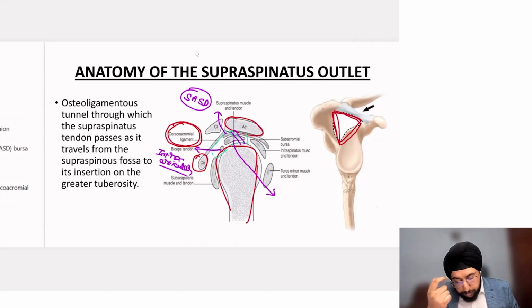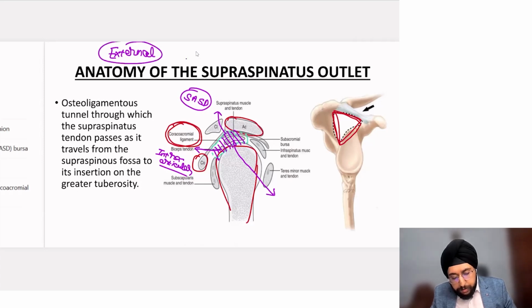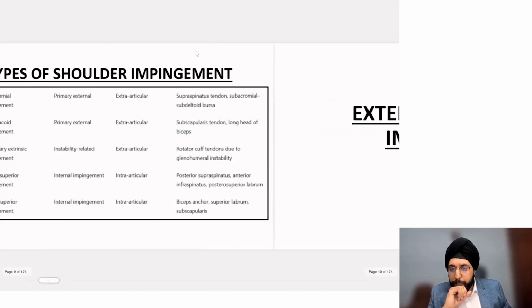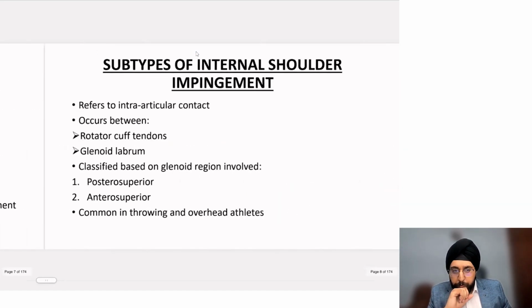Anything which causes narrowing of this space will lead to impingement, kind of an external impingement. Since it is below the acromion, we use the term subacromial impingement. Very important point, very simple, but usually missed. This is not reported in most of the shoulder joints.